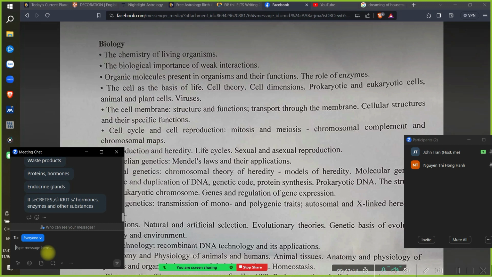The microtubules are the largest of the three fibers, and are made up of a protein called tubulin.